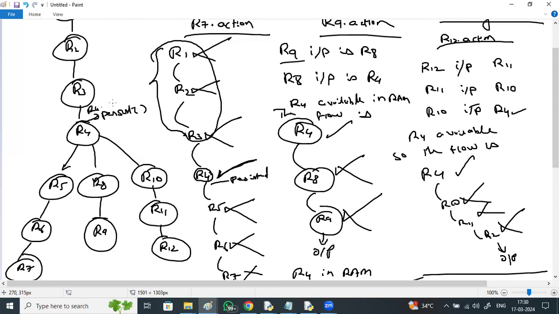Next you want R5, R8 and R10. So all the 3 flows can take that available R4 output and compute in parallel. Is that possible? Yes. In this case, if R4 is already persisted, the 3 flows can execute in parallel.